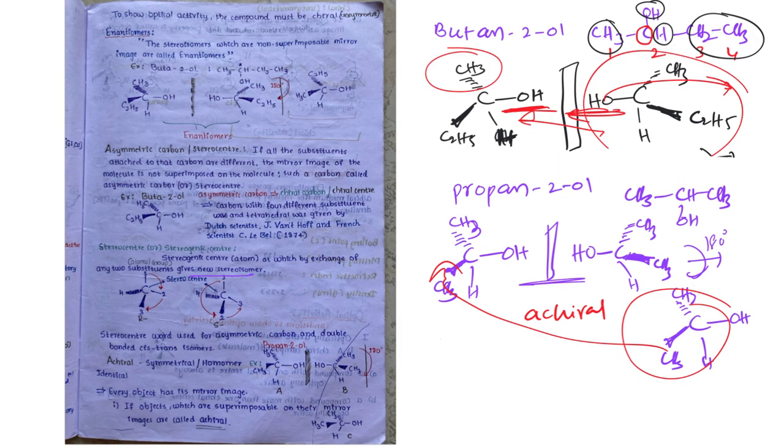Chiral means unsymmetrical: objects that are non-superimposable on their mirror images are said to be chiral, and this property is called chirality. Now, whatever different words we discussed, I mention all together here.